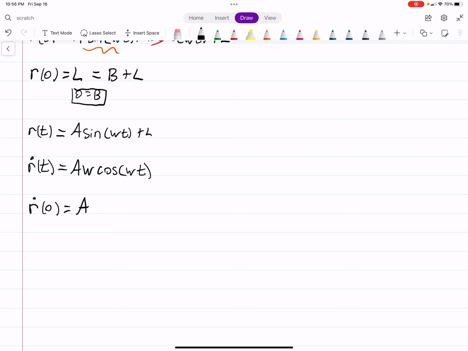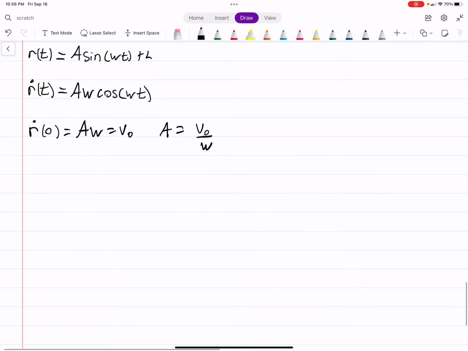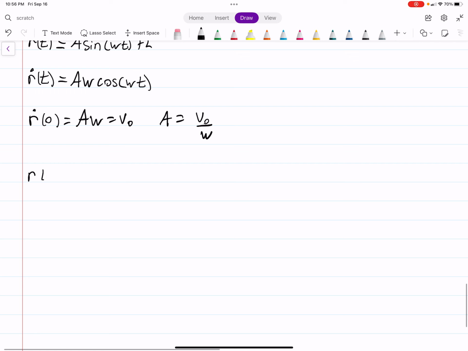So we'll just have a omega equals v naught, or a equals v naught over omega. And then finally, r of t is just going to be subbing in our a, v naught over omega, sine of omega t plus L.